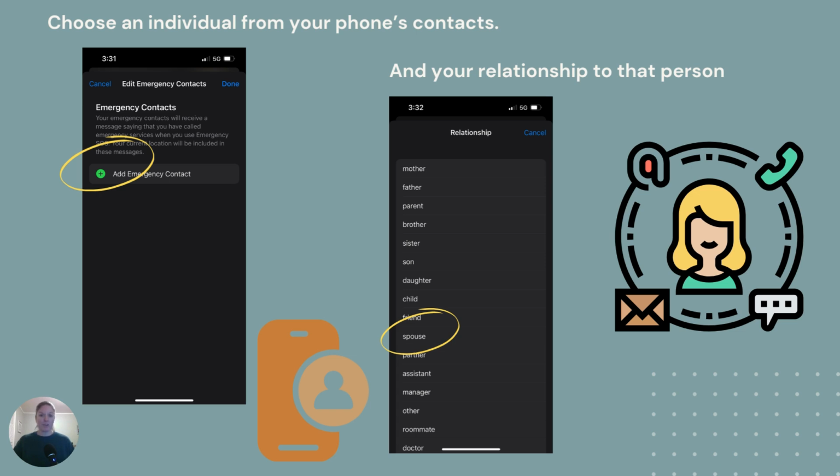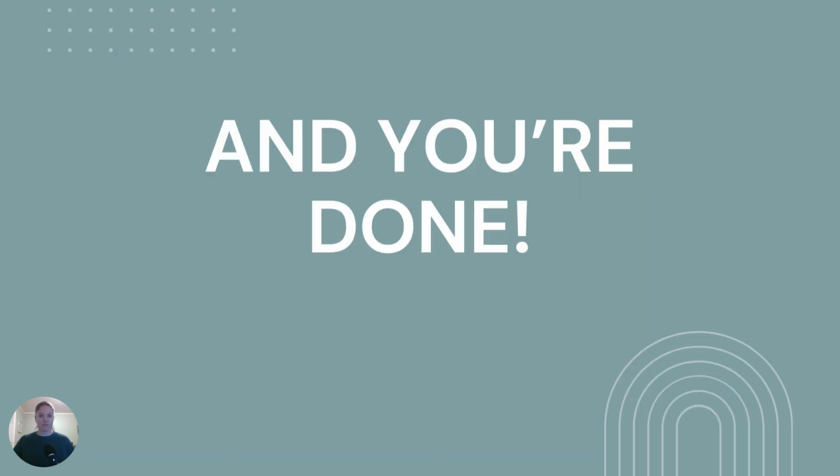I chose those two people because Jeremy, my spouse, is going to make decisions for me if I cannot make them for myself. And if he is not able to make decisions, then Aaron is my designated agent under my healthcare power of attorney. So I wanted to make sure that they were both included in my emergency contacts.